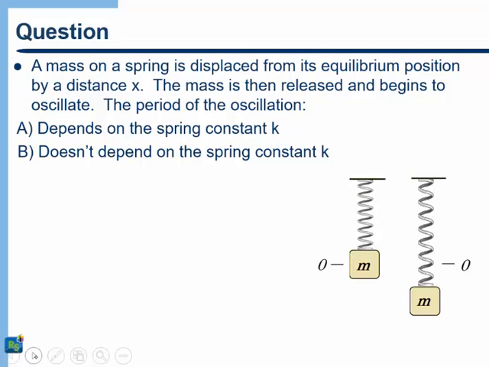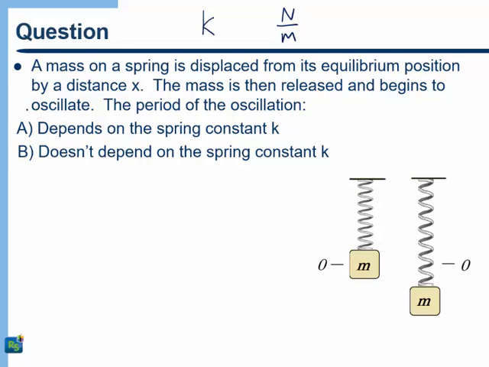Finally, do you think the period depends on the spring constant? So in other words, how strong the spring is. Remember that spring constant is what we mean by lowercase k. It has units of newtons per meter. So if I have a stronger spring or a weaker spring, do you think that affects the period?